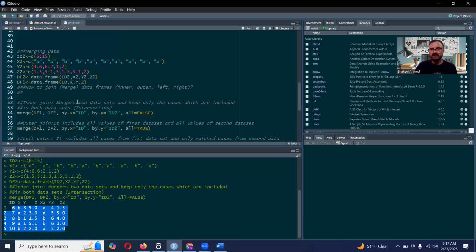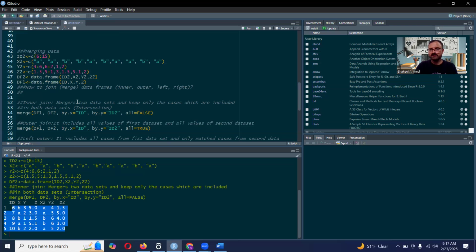And the outer join consists of the union of the two data sets. It would include all the data, but it will just give NA for the observations where a case is not available.